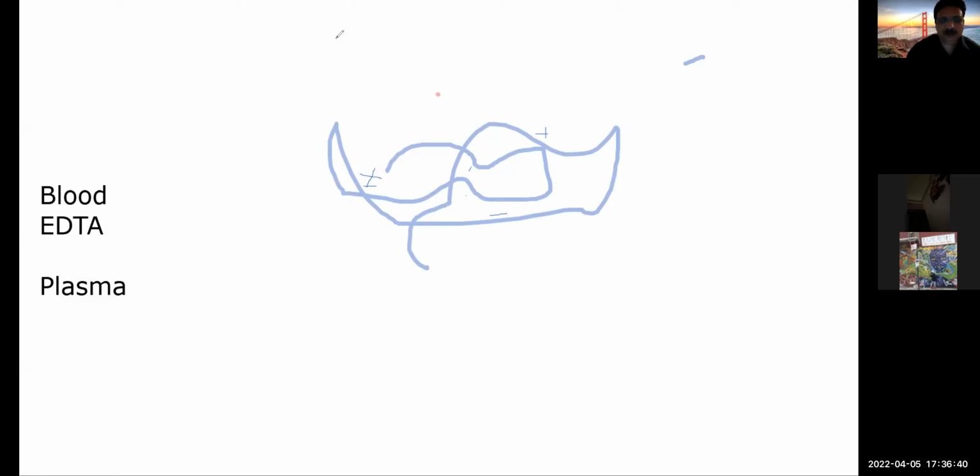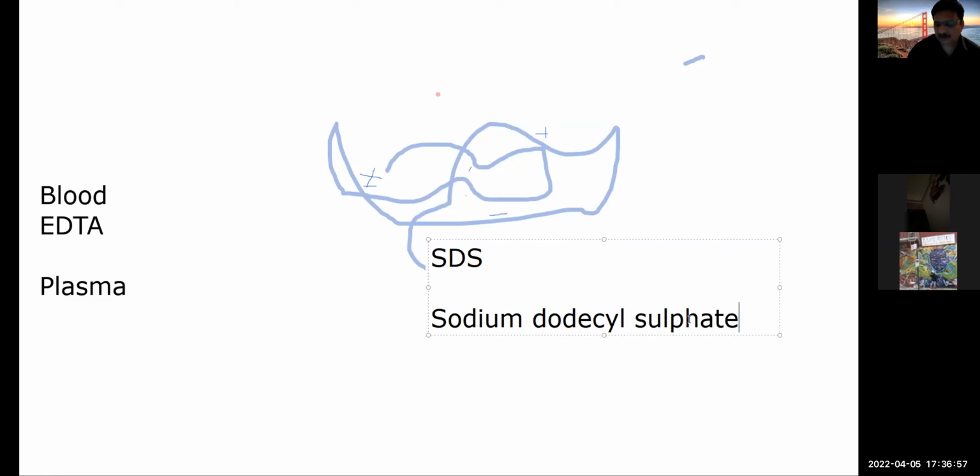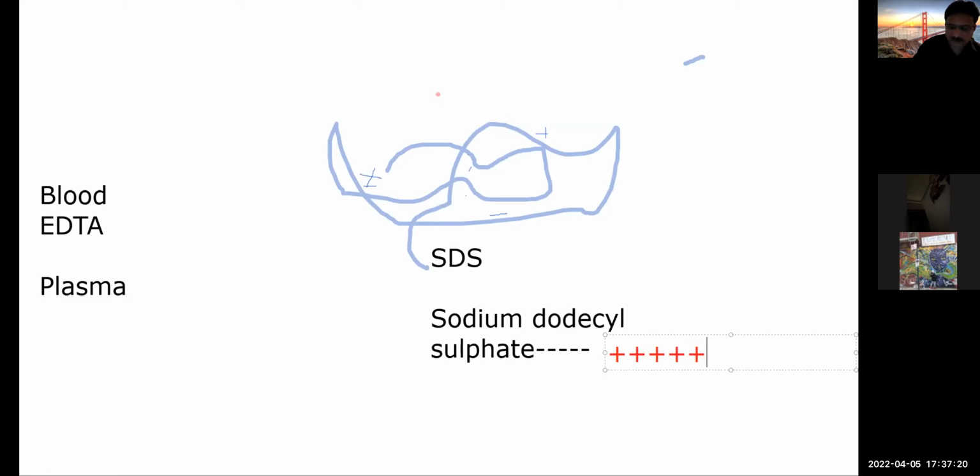So this protein is then incubated with SDS. SDS is a detergent, sodium dodecyl sulfate. Because of sulfate, this particular chemical has negative charge, so once you add this detergent to the protein, this negative charge will bind to the positive charge on the protein.